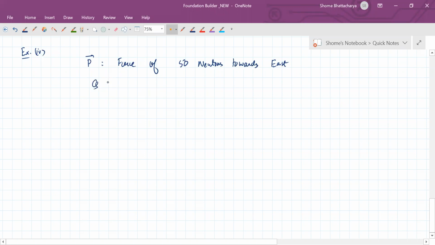Q is a force of 50 newtons towards north.